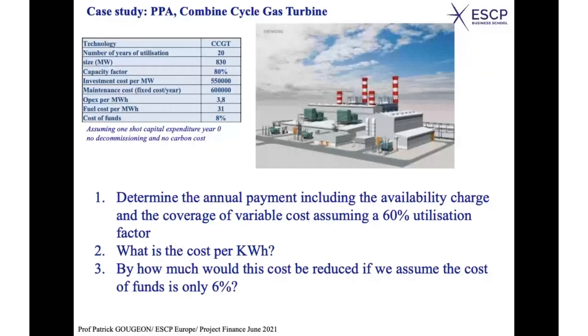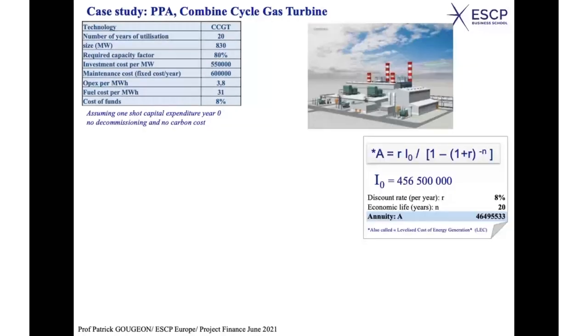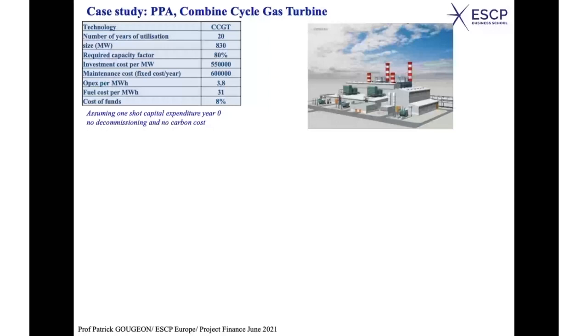Here we have a cost of funds which is 8%, which is a kind of mixture between the cost of debt and the cost of equity, okay? Or which is the required return for those who are investing in the plant. Well, so first of all, remind you that the first question is to determine the availability charge.